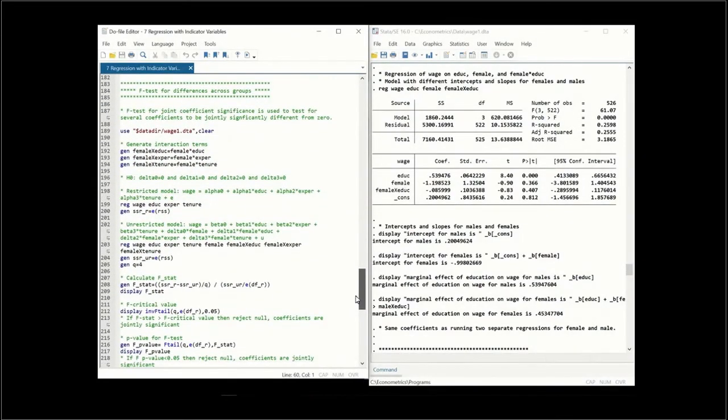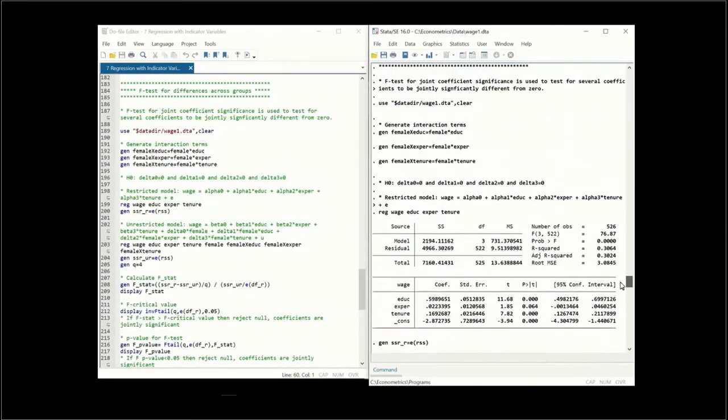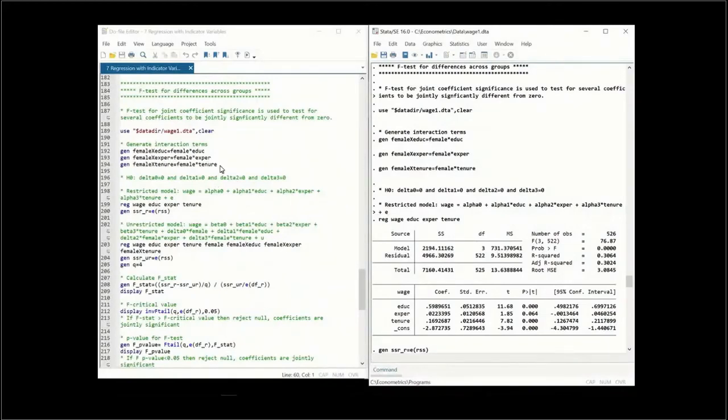Okay, so now finally we want to test for significant differences across groups. In order to do that, we would be running an F-test for differences across groups. Let's read in the data set again, and we would be generating interaction terms: female times education, female times experience, female times tenure, just multiplying these variables.